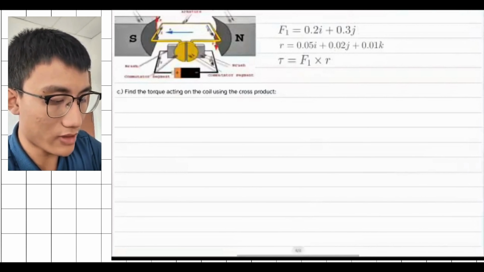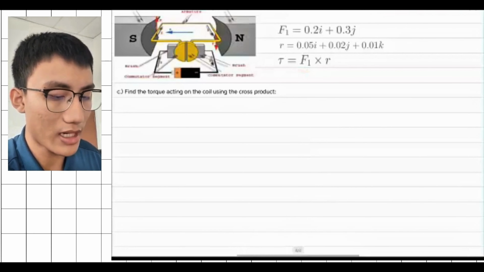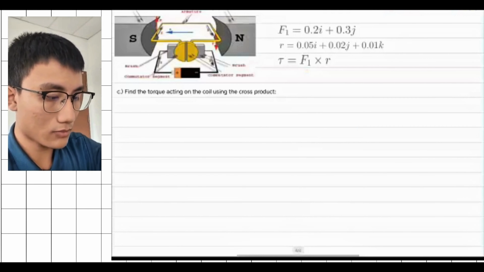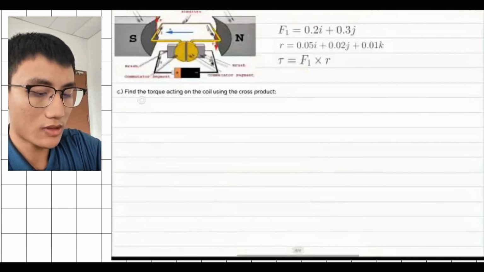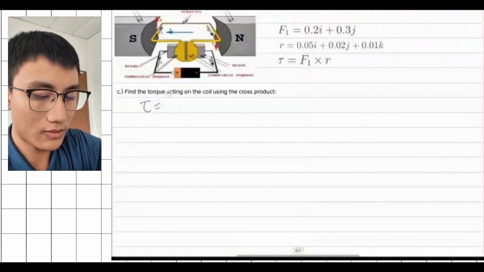The formula is given here, which is the torque equals F1 cross R. For this, we are going to use the matrix method, which is F1 cross R. So for T we will get i, then 0.05, 0.2.